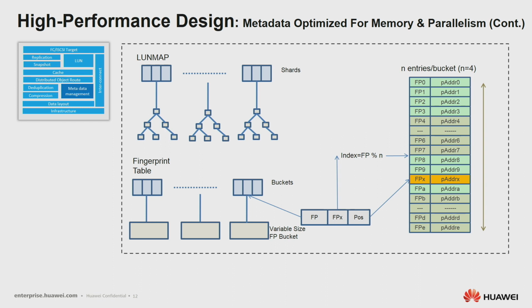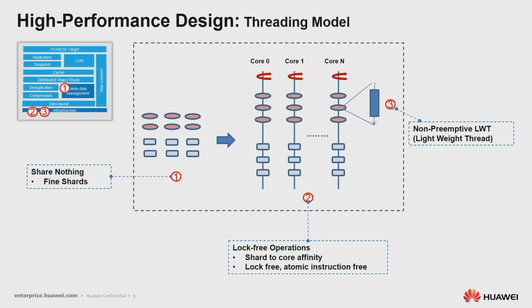Correct. But it's just so you don't have to lock? That's correct. Because we bind each shard to a particular core, we can have lock-free and atomic-instruction-free operation on them. I got you. Yeah.